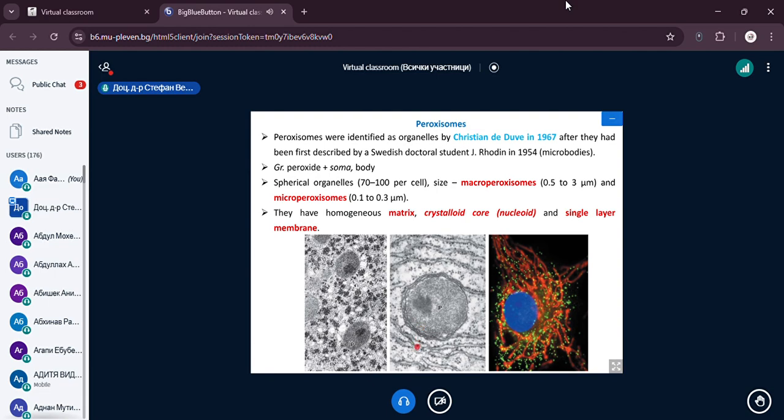So you can judge here that these electron micrographs are from animal cells, not human cells, because they have this crystalloid or nucleoid in their matrix. Here, the nucleus is stained blue, mitochondria are red, and the green spots are peroxisomes in this cell observed under fluorescent microscope.